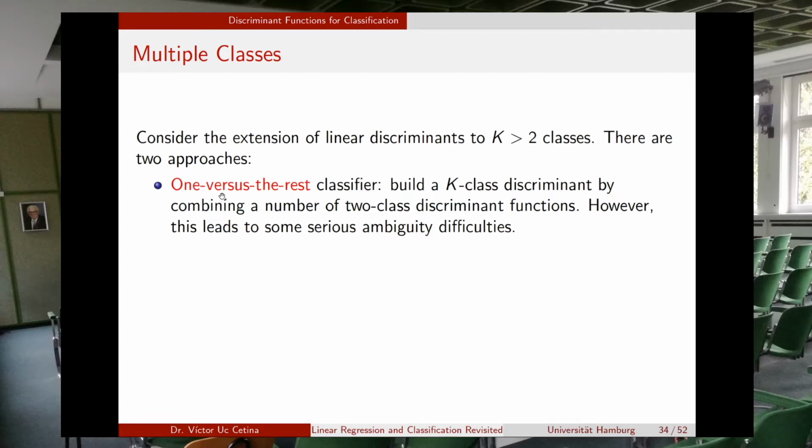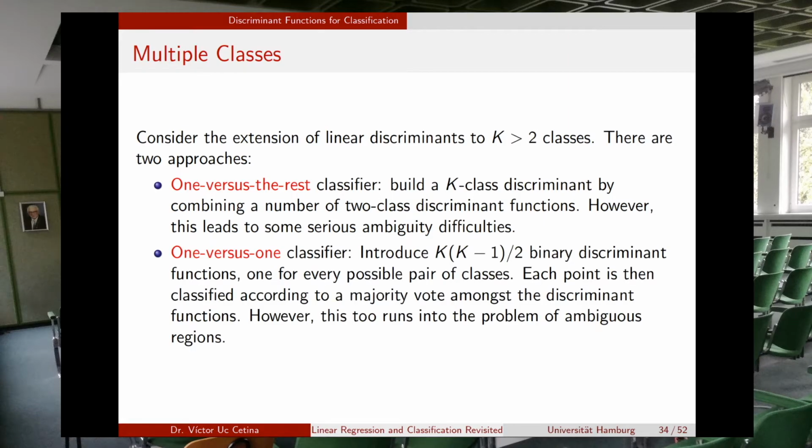But before that, there's another approach that you can follow instead of one versus the rest. This other approach is one versus one. So you will program, for example, a classifier that will identify whether points are 0 or 1. Positive examples for 0 and negative examples for 1, and then another classifier for 0 and 2, then another classifier for 0 and 3, and so on.